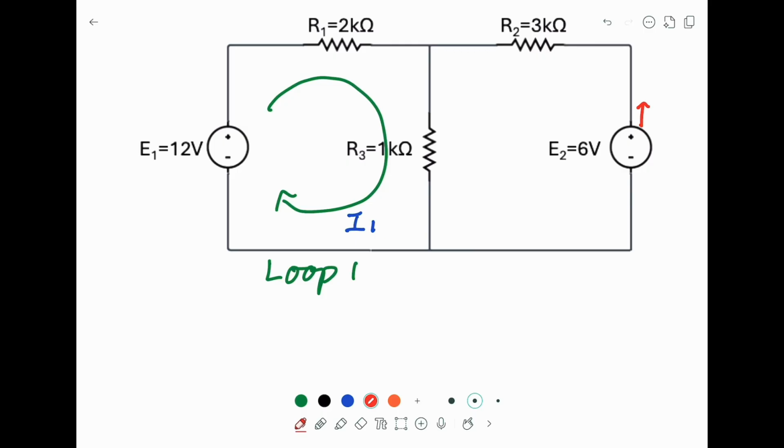So we can still draw the mesh current in the clockwise direction. So I will do this one clockwise, and our solution will eventually give the true direction of the current. So this is loop 2.